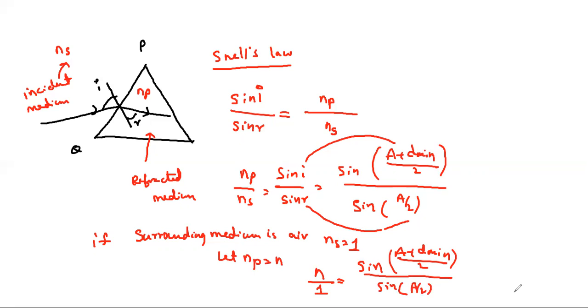Therefore, you will get the refractive index of the prism formula as N is equal to sine of A plus D minimum divided by 2, whole divided by sine A by 2.